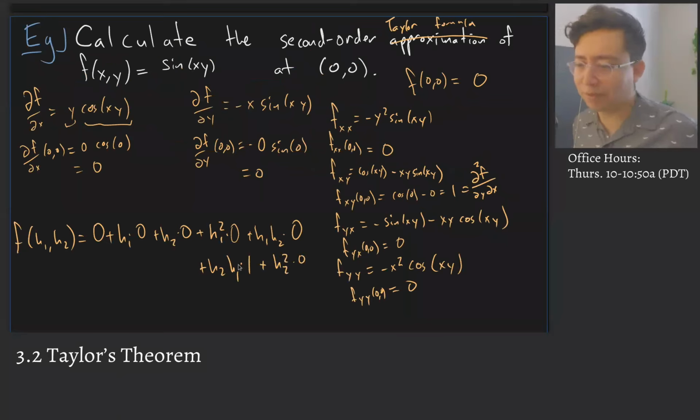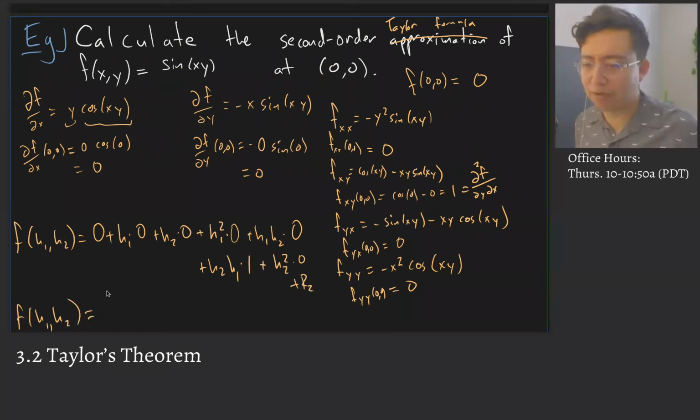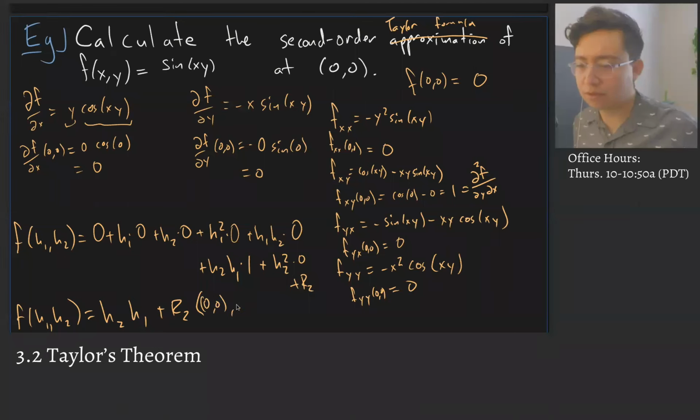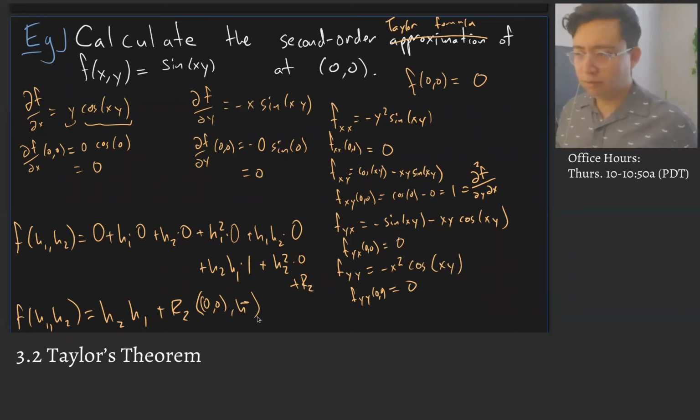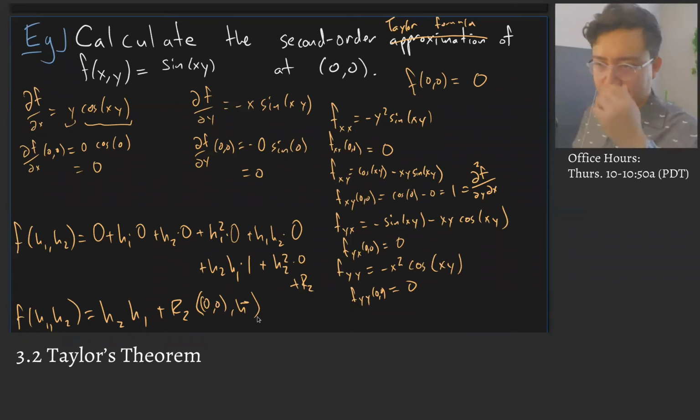So a bunch of this goes away, and then we should plus our R2 stuff. So the final answer is going to simplify a whole bunch, and you just get h2, h1 plus R2 of 0, 0, comma h. So this one simplified a whole lot, right?